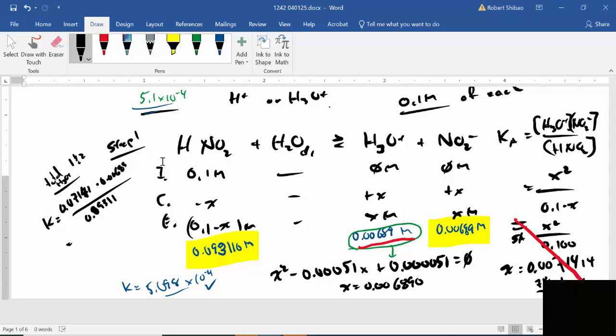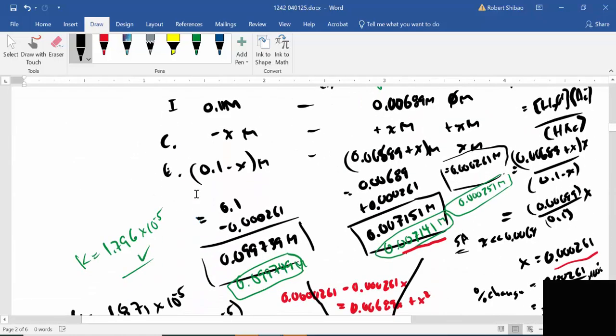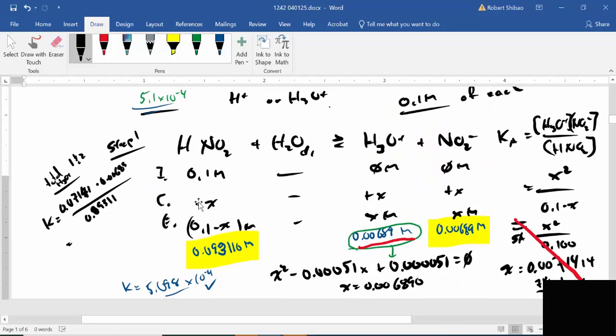So 0.07141 times 0.00689 divided by 0.09311. And I get a K value that comes out to 5.28 times 10 to the minus 4.